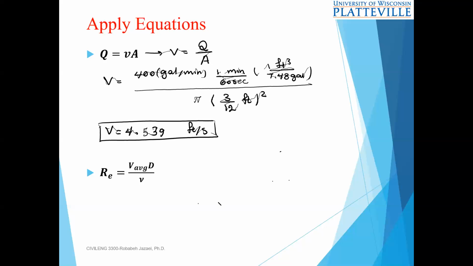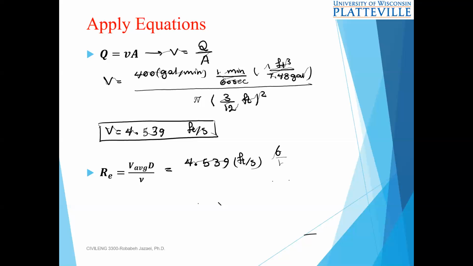Now it's easy to find Reynolds number. Reynolds number is the velocity, 4.539 feet per second, multiplied by diameter. Diameter was 6 inches divided by 12 to make it feet. Don't forget about units.